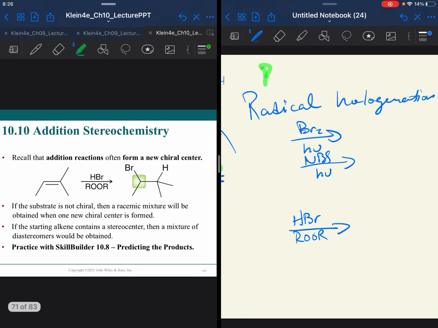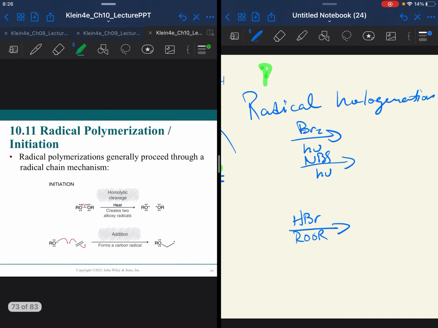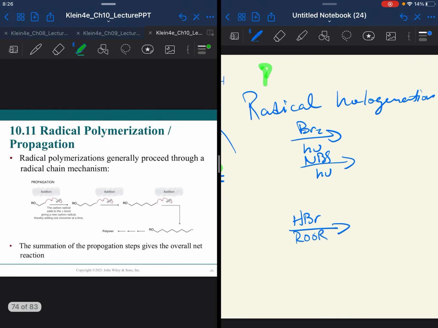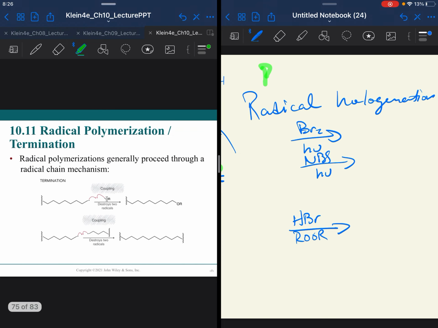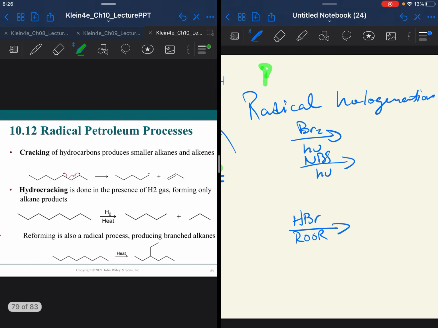We are skipping 10.11. We're not going to talk about radical polymerization. Polymer reactions are cool. They work through much of the same mechanism types: initiation, propagation, termination. And they make some interesting polymers, but you are not responsible for them. So you can skip through section 11.